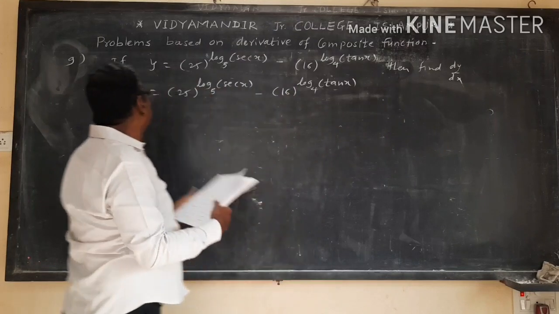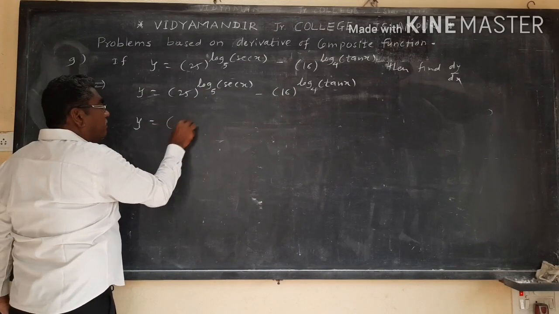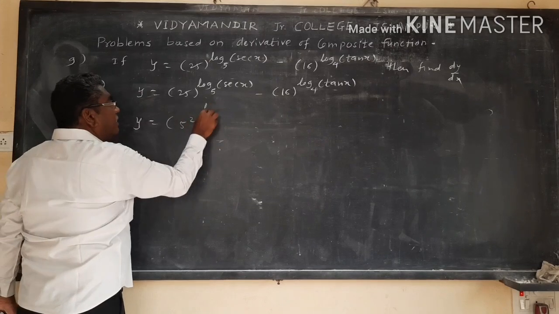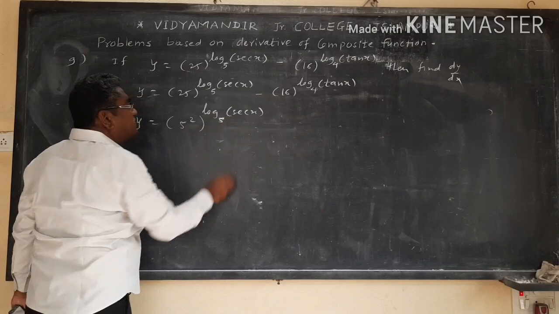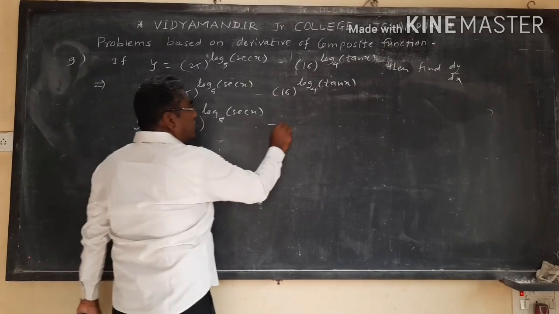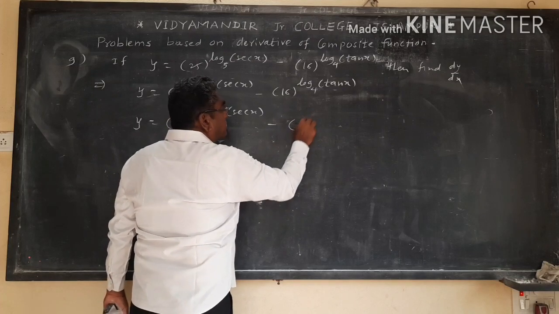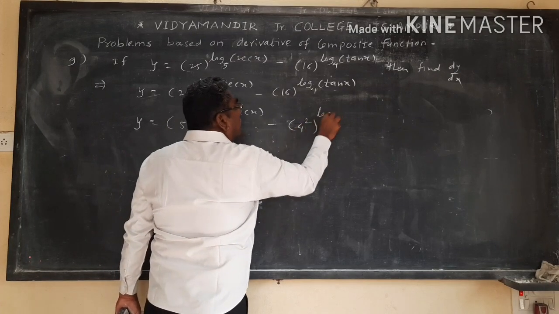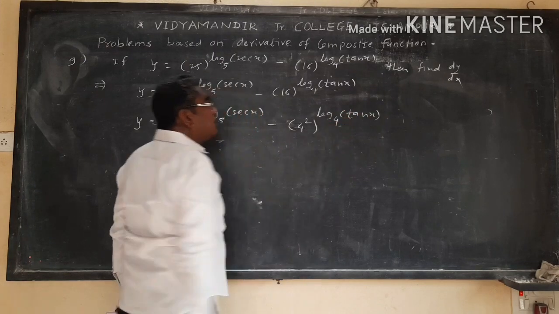Now first change, y is equal to 5 square raised to log sec x to the base 5 minus 4 square raised to log tan x to the base 4.